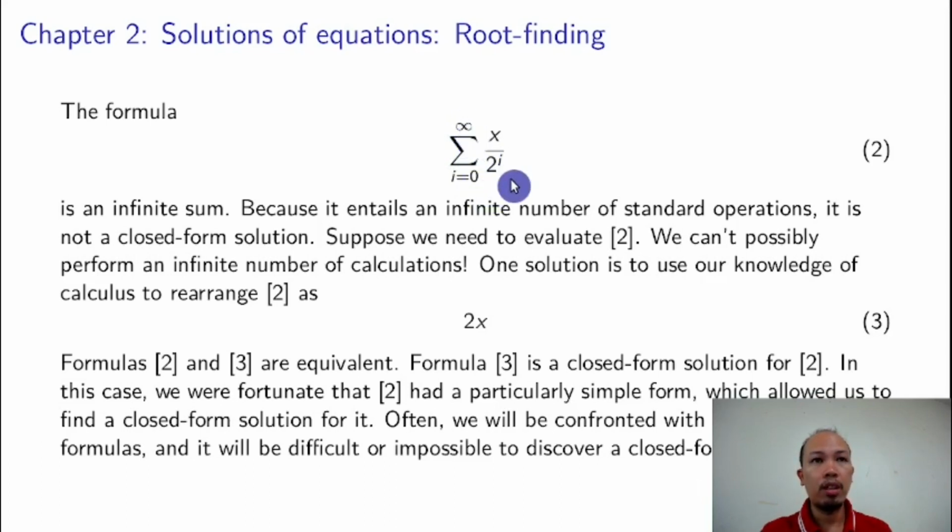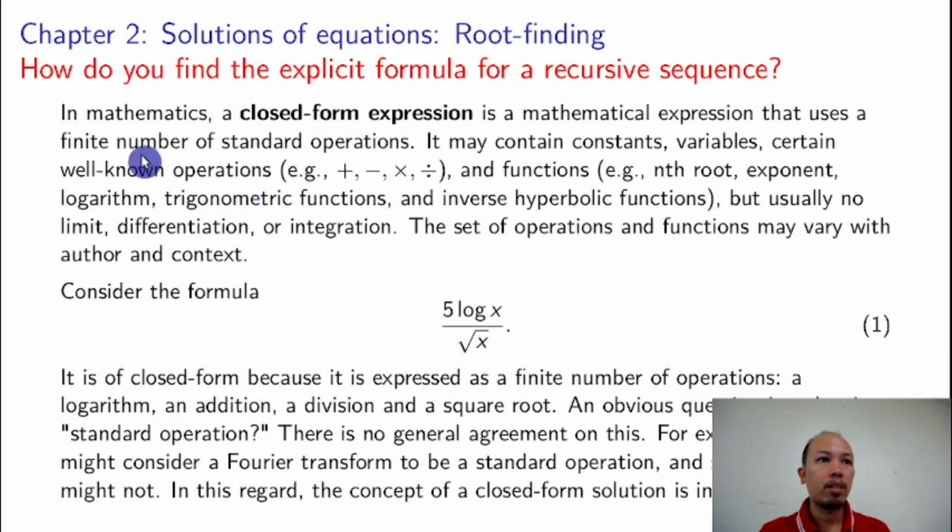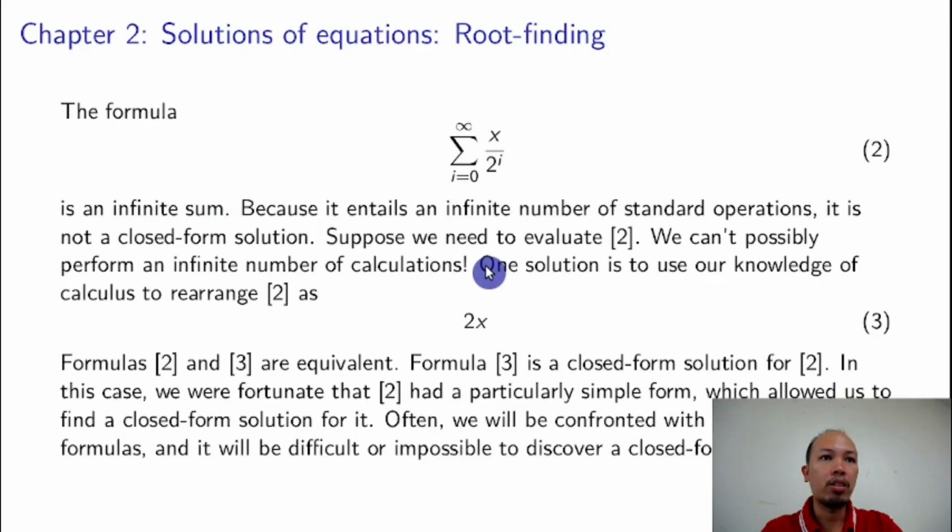Remember that this is infinity, so although it is a sum, since it involves infinity, then based on the definition, this is not a closed form, because it should involve a finite number of operations. So to evaluate 2, we would possibly perform an infinite number of calculations.